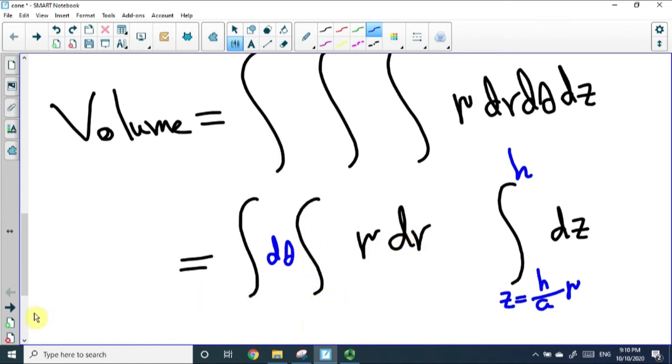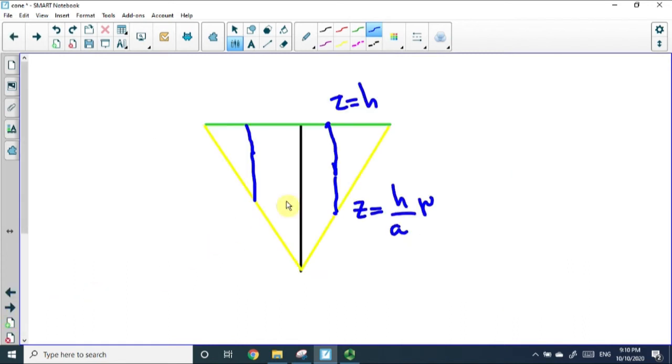So now let's concentrate on the limits of the integration over r. Let's go back to the slice that we did. For this slice that I drew, this is the distance r. It's how far you are from the z-axis. So now you ask yourself, what is the smallest value for r and what is the maximum value for r? It's clear that the smallest value for r is 0, which means that the slice I did is exactly on the z-axis.